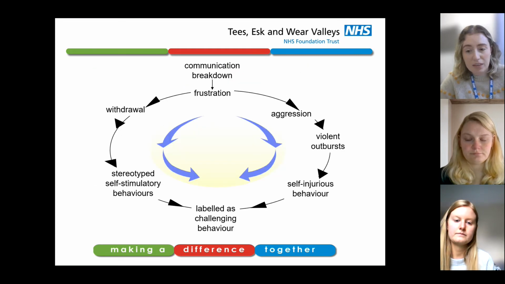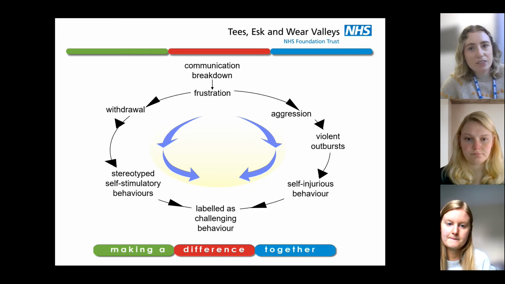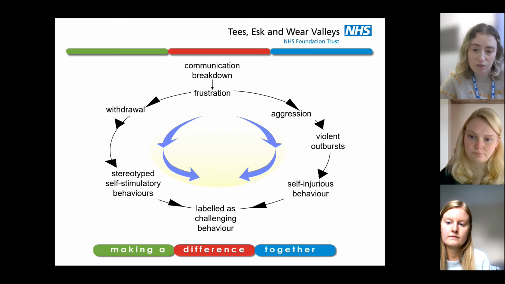So if we're thinking about all of these things, you might have seen this before, but thinking about behaviours that might be seen as difficult or behaviours that might be perceived as challenging, we can link this with communication and think about how behaviour is a type of communication.